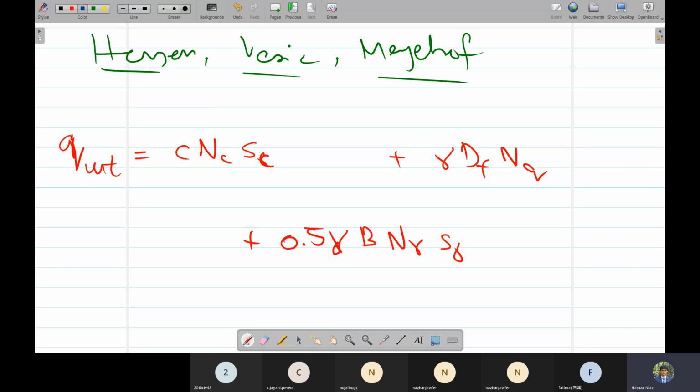Hansen, Meyerhof, and Vesic simply added some more factors. They added the D factor. D is the depth factor. So we have D c in this one, D q, D gamma. We also have I c, the inclination factor. This inclination factor is for the load: I c, I q, and I gamma. We also have the B factor, which is for base: B c, B q, and B gamma.